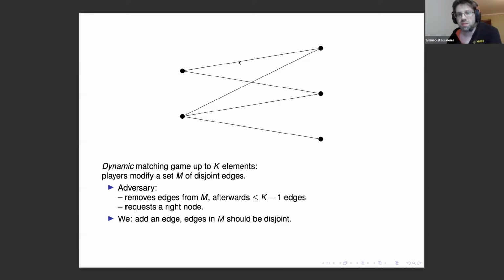No, he doesn't modify the graph. He removes edges from the matching, and the matching is a subset of edges. Ah, he removes edges which are already in the matching. Yes, so the graph remains the same and never changes. Just the set of selected edges is modified.